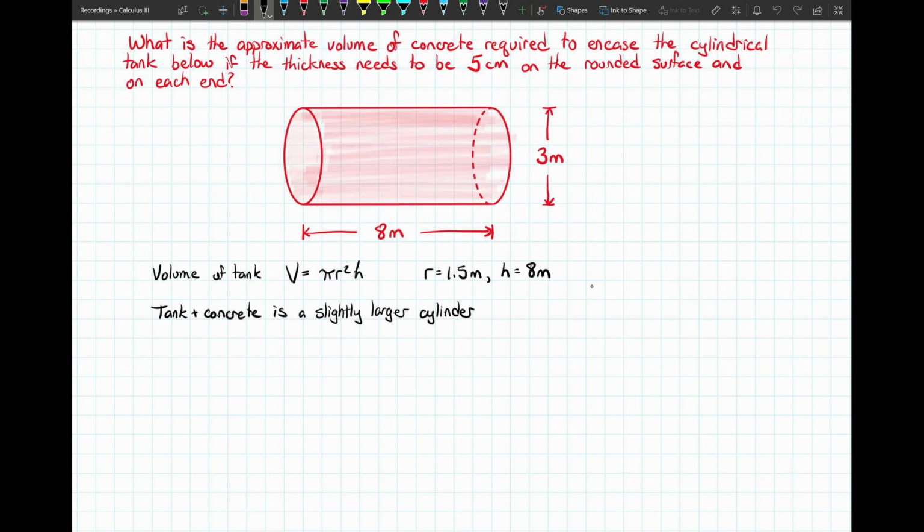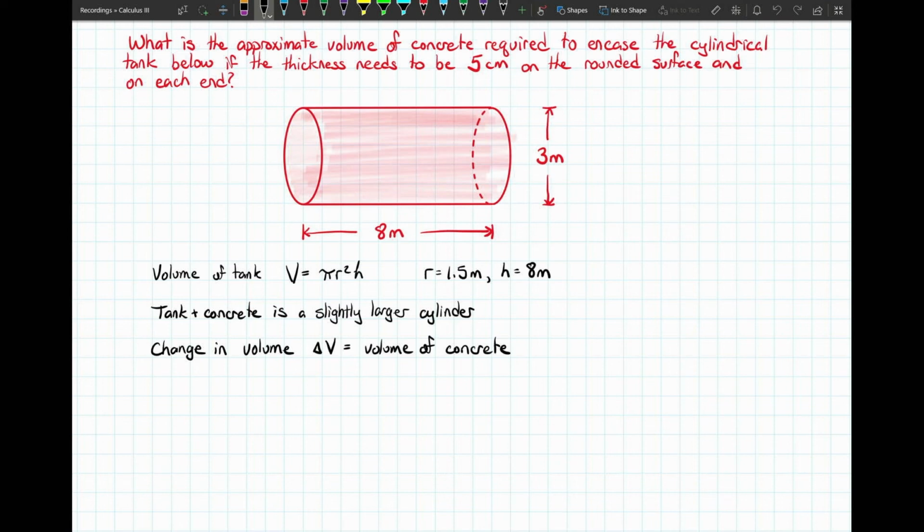Well, rather than just calculating the new volume, subtracting new volume minus old volume, the difference in volume between the tank plus concrete and just the volume of the tank alone, we could call that delta V, and that will give us just the volume of concrete that we need to pour.